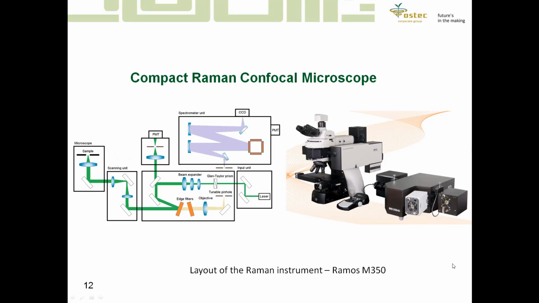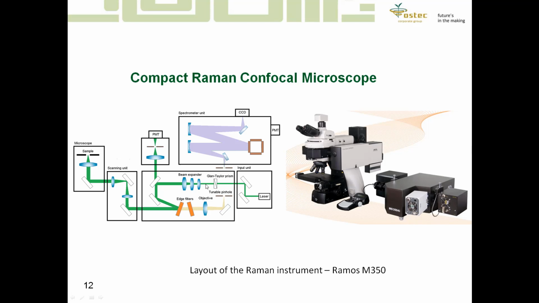And here you can see the layout of another system, another instrument. It's less automated. It has several lasers, up to 2 lasers can be built in, or more lasers can be used with an external laser beam combiner unit. And inside there are automated shutters to open and close lasers.